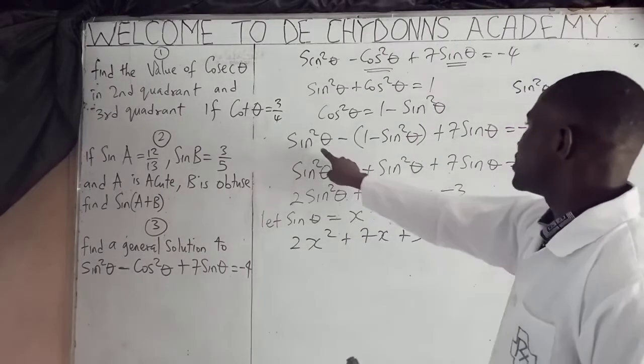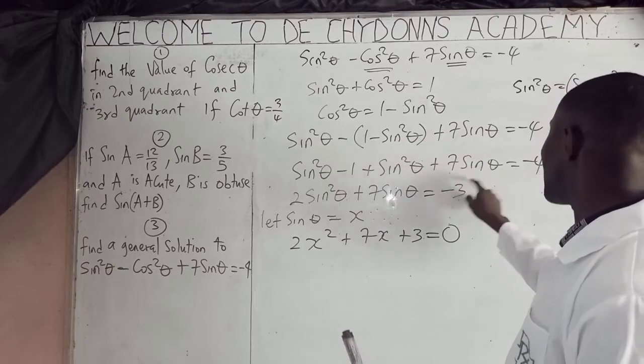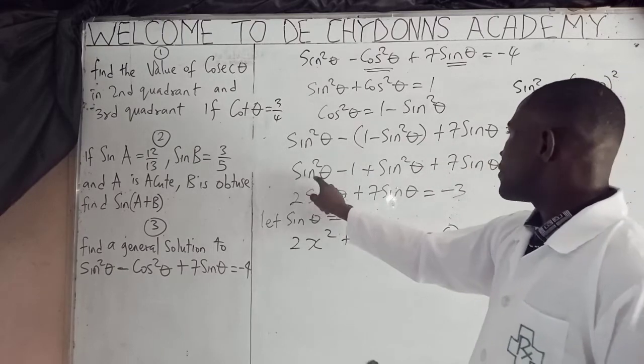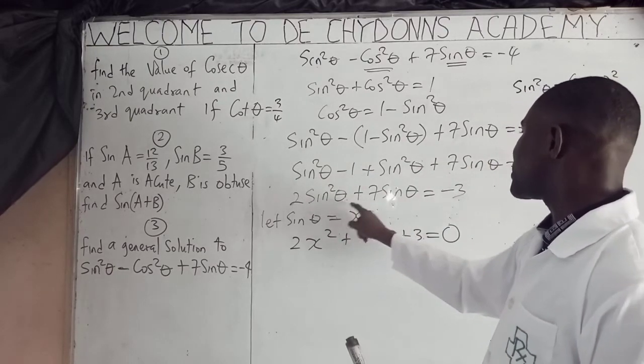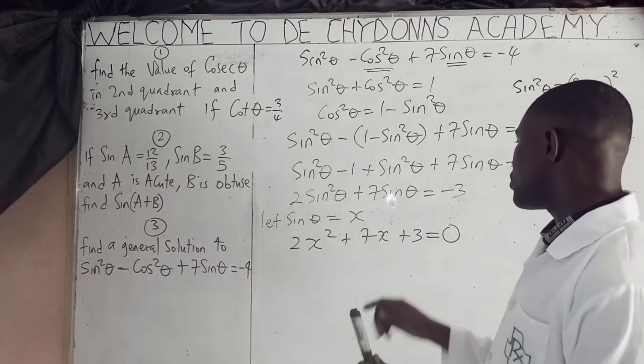We said that this times this minus 1, this times this plus this times this minus 4. Then this plus this, 2 sin squared theta plus 7 sin theta equal to minus 3. And this come to the other side.